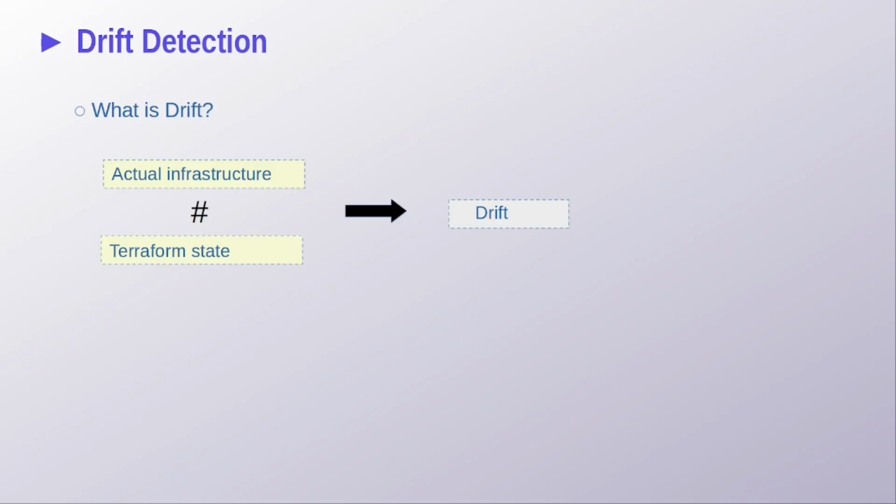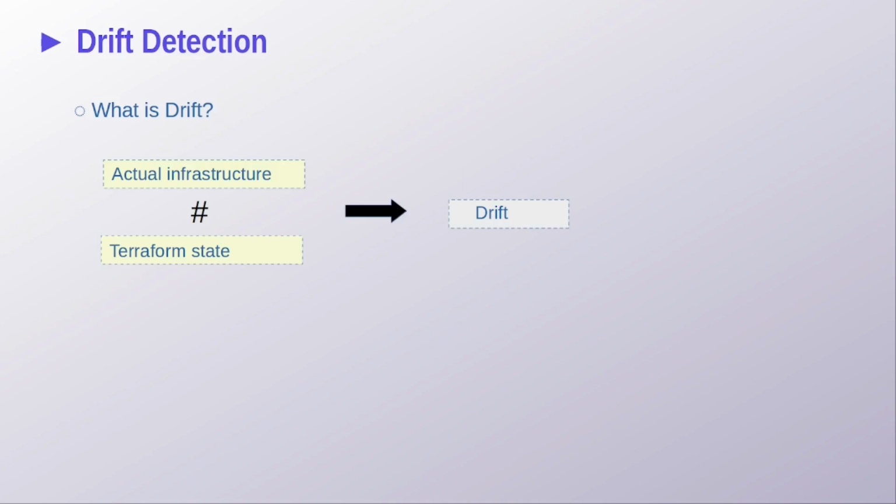Drift detection. Now let's talk about drift. What is drift? Drift happens when real infrastructure is different from Terraform state. Common drift examples: someone deletes an EC2 instance in the AWS console, or someone changes a security group manually.